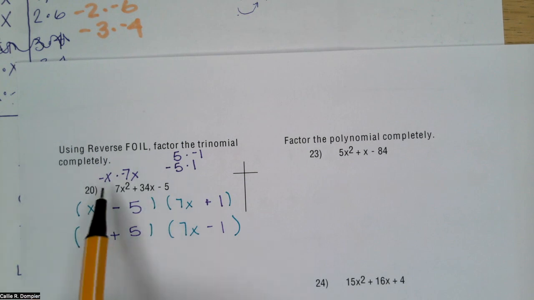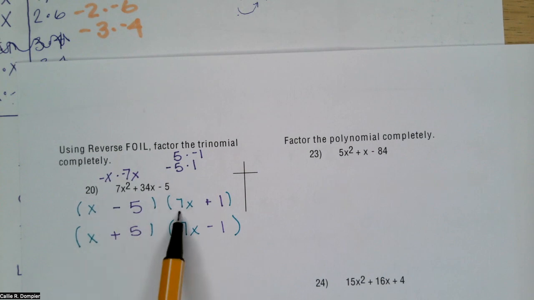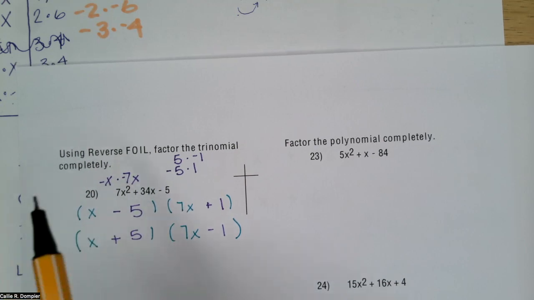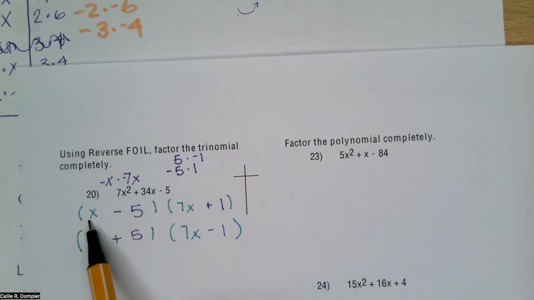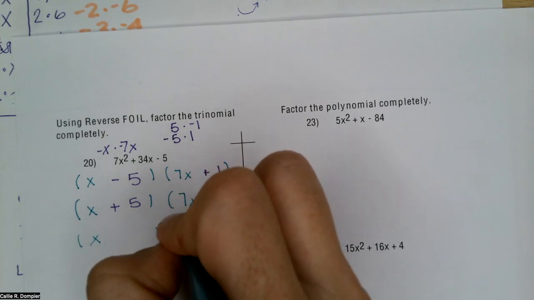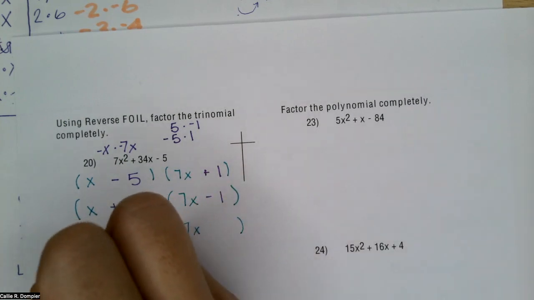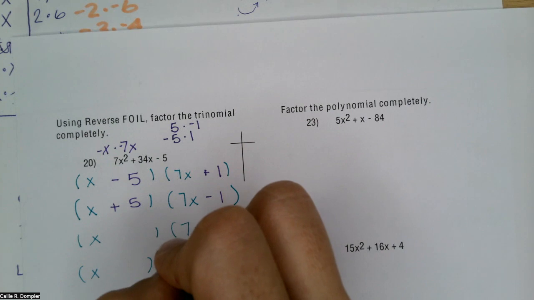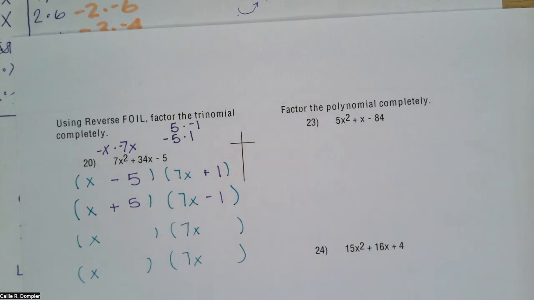Because this is not a 1 anymore, because this is a 7, it's actually going to affect how we multiply. So now, because these are not the same terms, it does matter whether the negative 5 is with the x or with the 7x. So I'm going to rewrite it every possible way. It looks like there are only two ways, but there are not, okay?